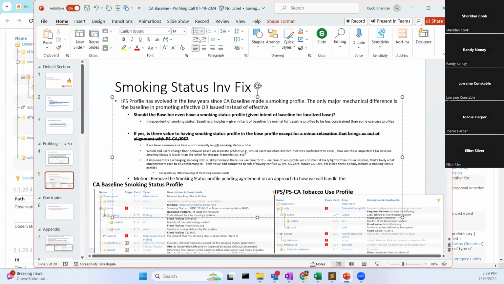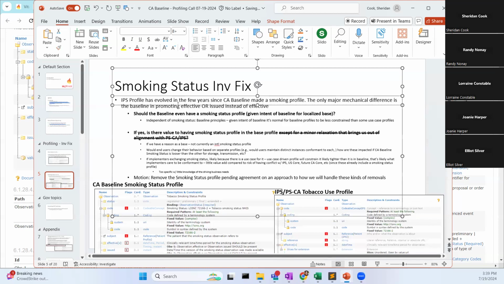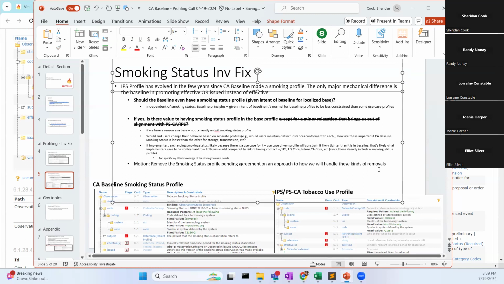So it doesn't necessarily need to go away right now, but I think it probably should once we figure out how we're going to do that. Okay, I'll leave this up. Are you comfortable with that language? Do we want to tweak it before we call to vote? All right. Does anyone want a second?